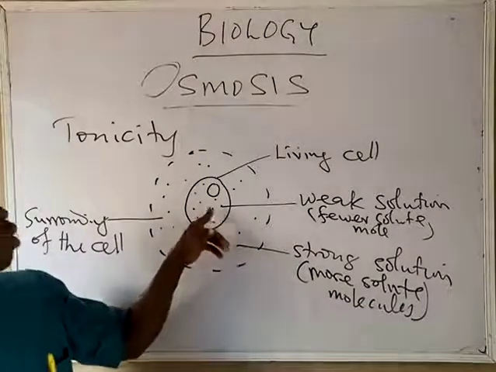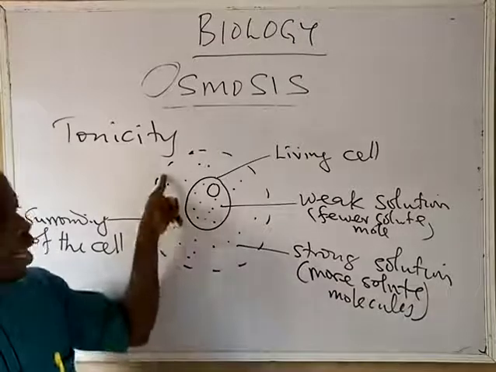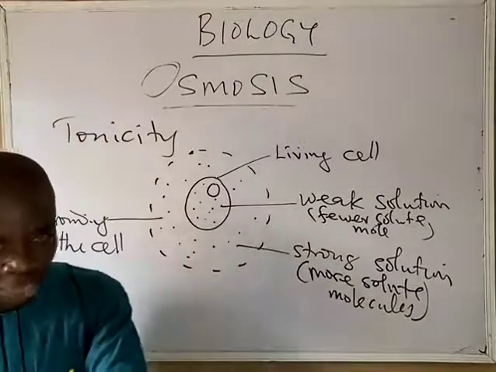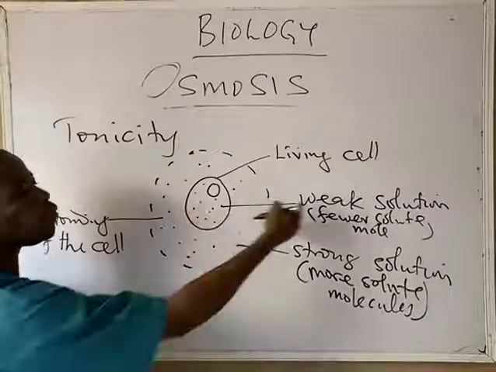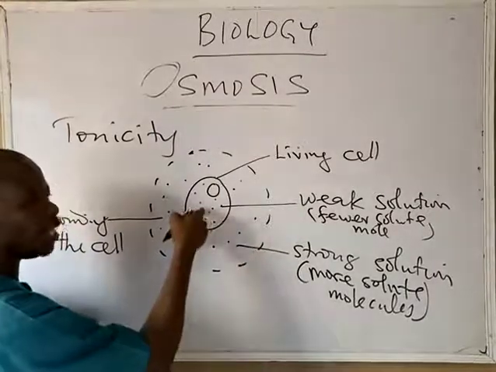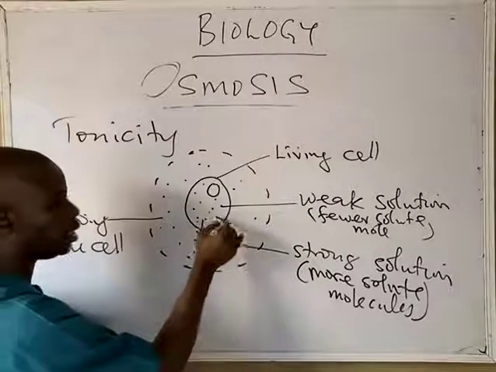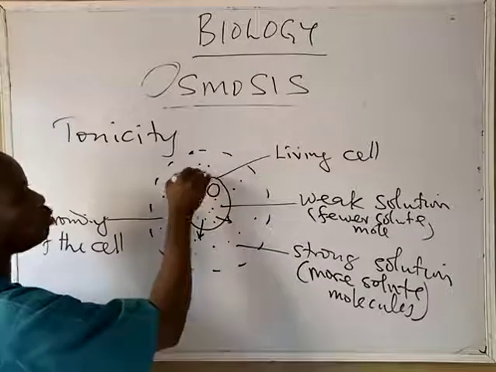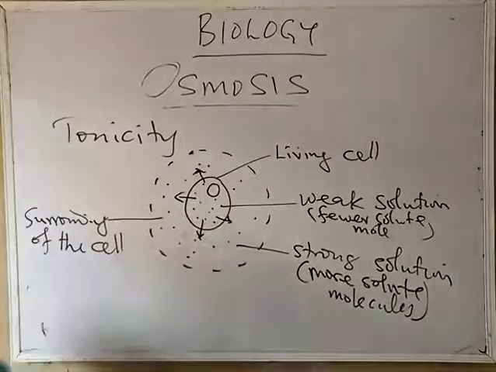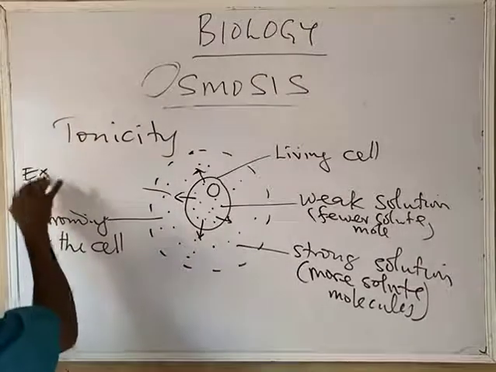If the inside of the cell is weak and the medium surrounding the cell is strong, we expect that water molecules will move from the weak solution inside of the cell to the outside. So when water molecules move from the inside of the cell to the outside, we term it exosmosis.